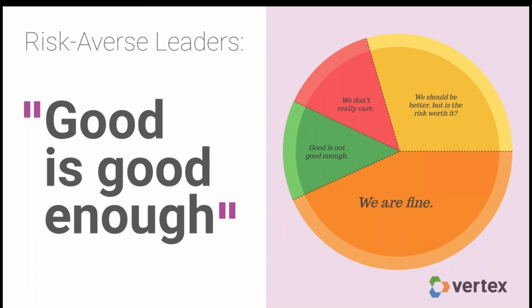But the leadership saw the telltale signs of a decline, and figured that if they don't arrest it soon enough, something will be bad. And that's where we talk about the first type of risk-averse leaders, where they say good is good enough, right? And we need to change that.